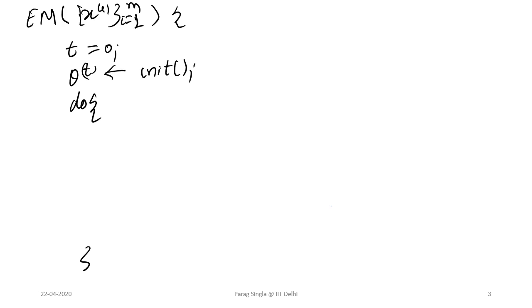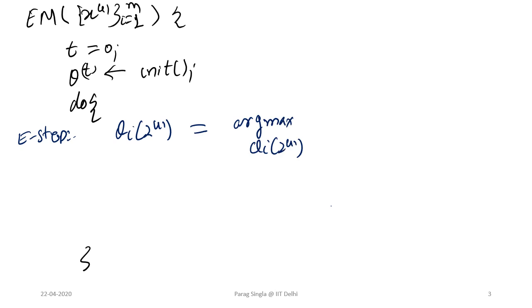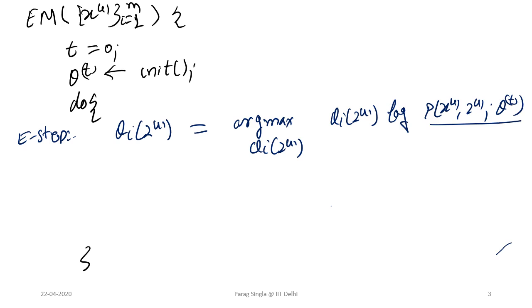Let me write the E step first, which is estimating the distributions Qi of zi given the current set of parameters, theta t. This estimation can be done by maximizing the following expression with respect to Qi of zi: Qi of zi times log of P of xi, zi, theta t over Qi of zi, which is the right lower bound.